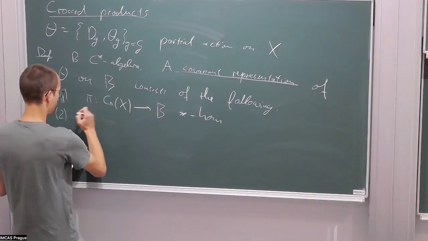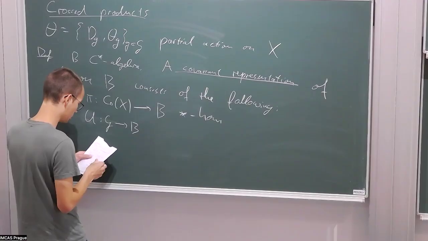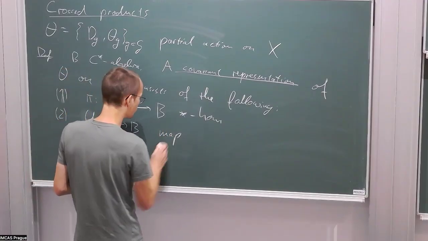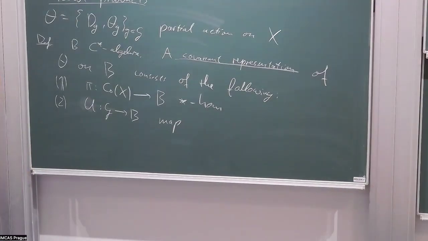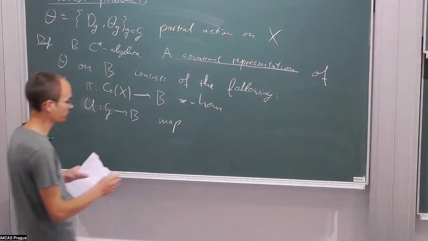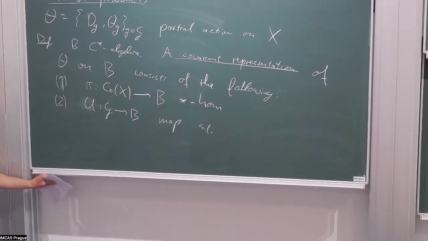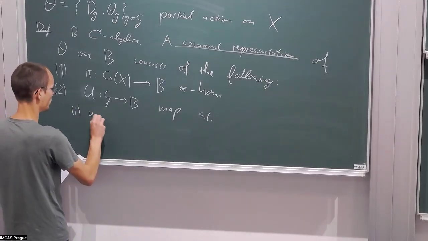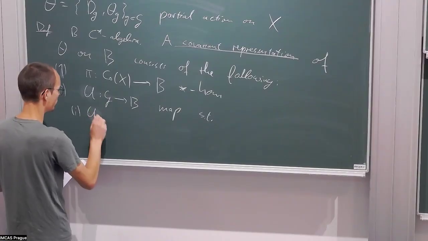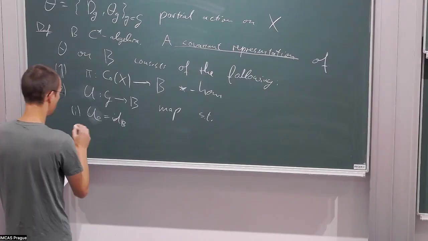So a map, let's say capital U from G to B. Usually you would ask this to be a group homomorphism, and maybe it goes into the unitaries on B. But in this case, we want a little bit less, because we want to reflect the fact that we only have a partial action. So this should fulfill, again, U of the identity is the identity on B.